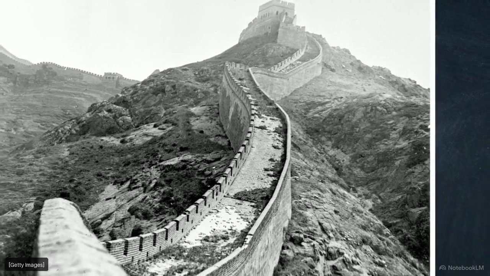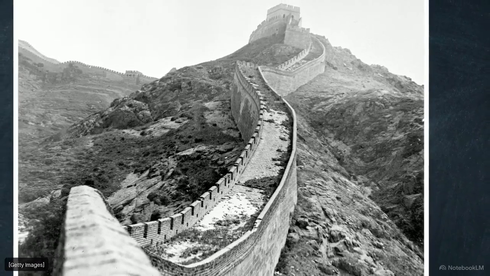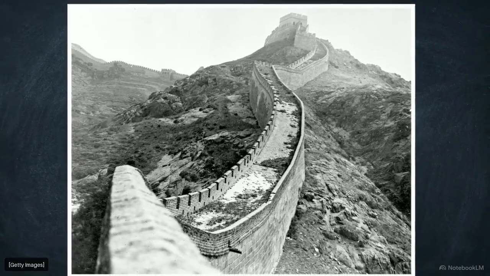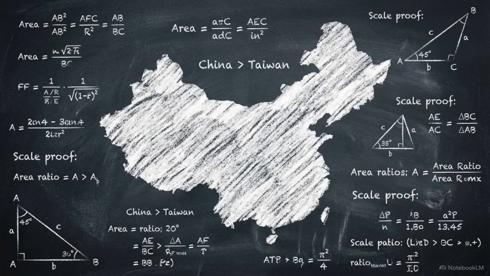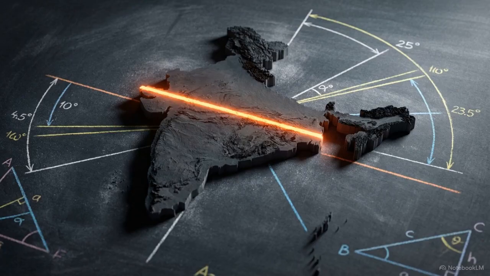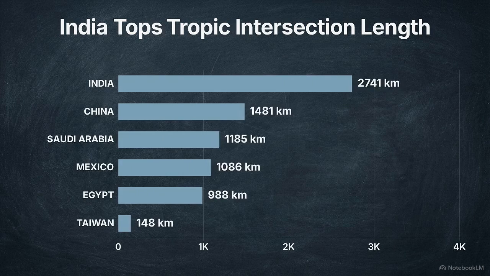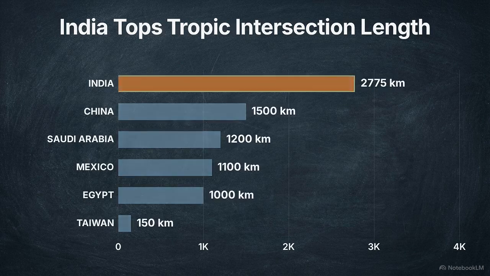Along this vector, we find massive geographic extremes. The line crosses China, representing the largest national landmass on the Tropic of Cancer, contrasting sharply with Taiwan, which represents both the smallest country and the shortest intersection point. If we measure the raw length of the intersection, the record falls to India. The Indian subcontinent hosts the longest continuous stretch of the 23.5-degree north line of any country on Earth.